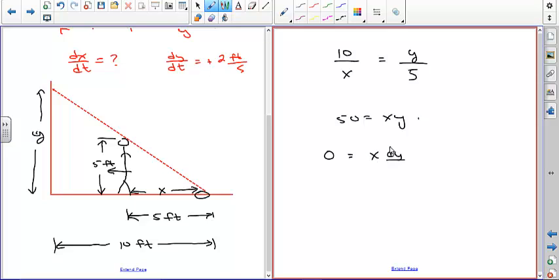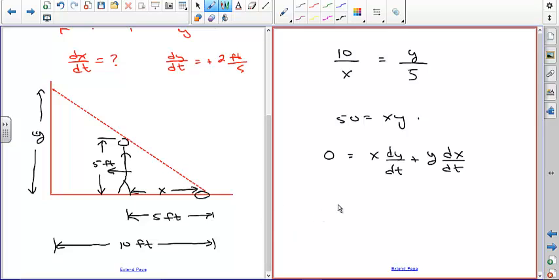So what you get is x times dy/dt. You take the first term times the derivative of the second, plus the second term times the derivative of the first. The derivative of y is just 1, but because it's implicit, you put dy/dt. The derivative of x is 1, but you multiply by dx/dt because it's implicit. Now, how fast is the length of her shadow on the wall changing?